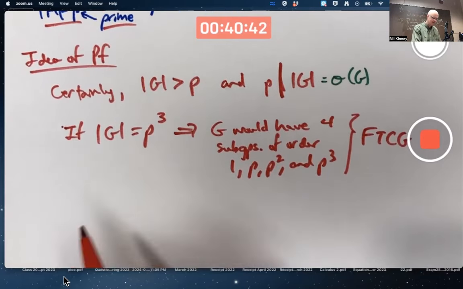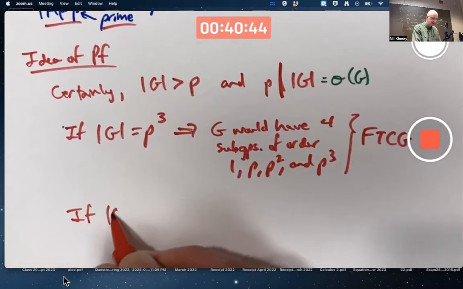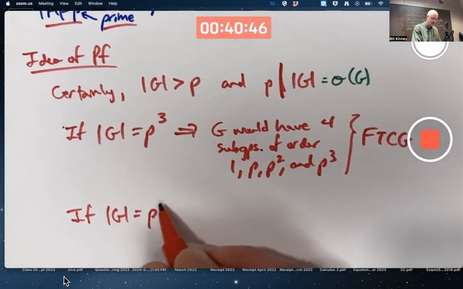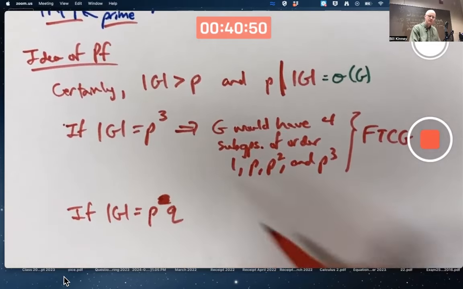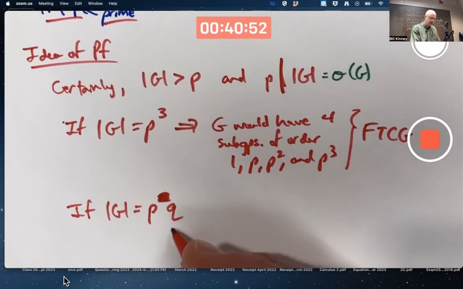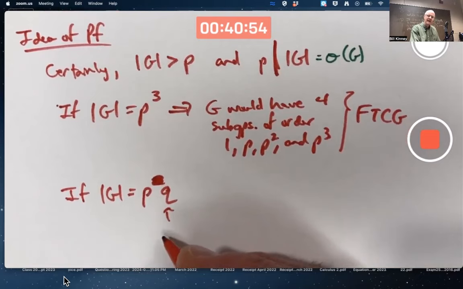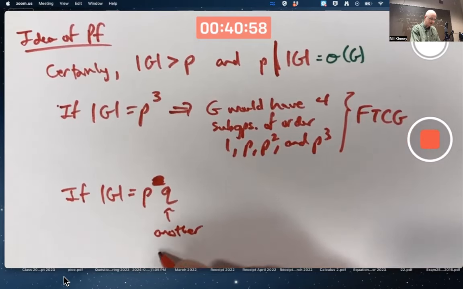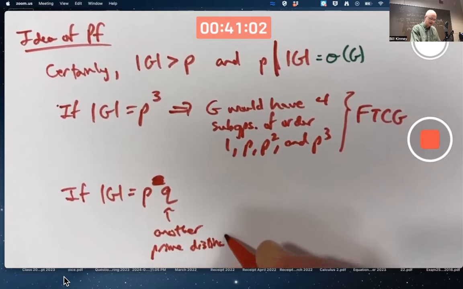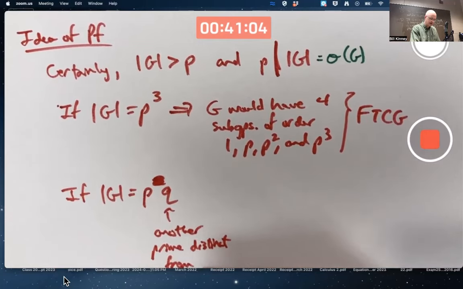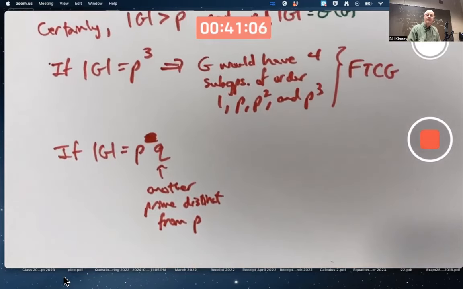On the other hand, if the order of G is, say, P times Q, where Q is another prime distinct from P, so you've got a prime factorization as a product of 2 distinct primes.